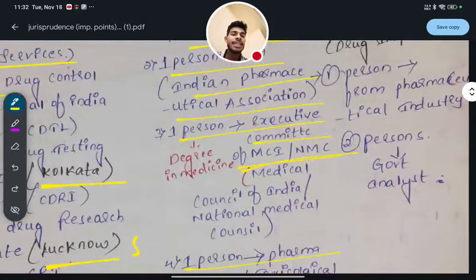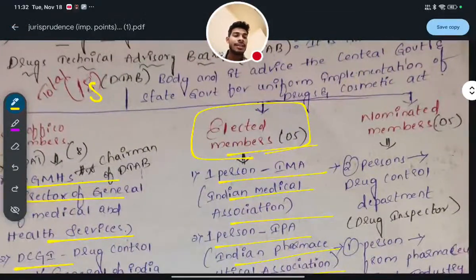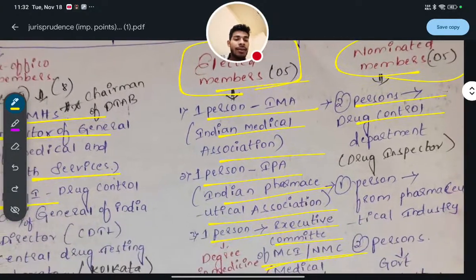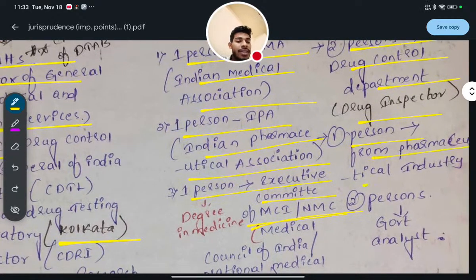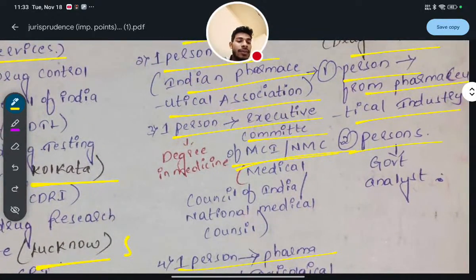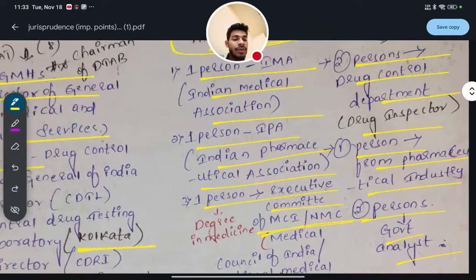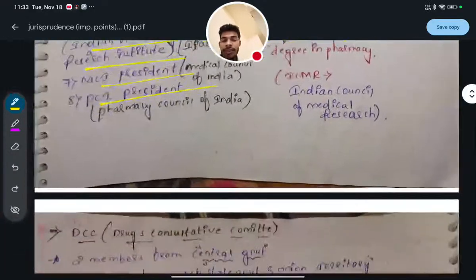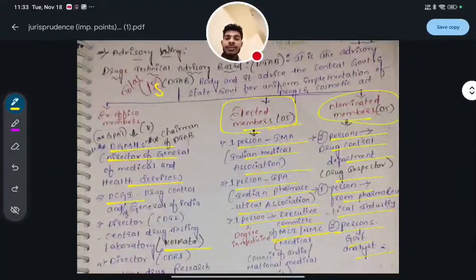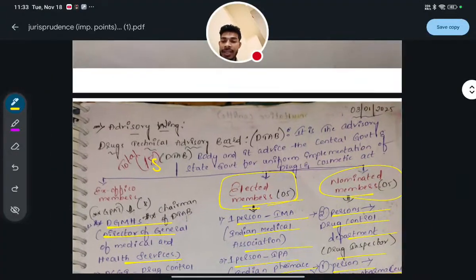Next, the other 5 members are nominated members: 2 persons from the drug control department, such as drug inspectors, 1 person from the pharmaceutical industry, and 2 persons from government analysts. So these are the 18 DTAB members.